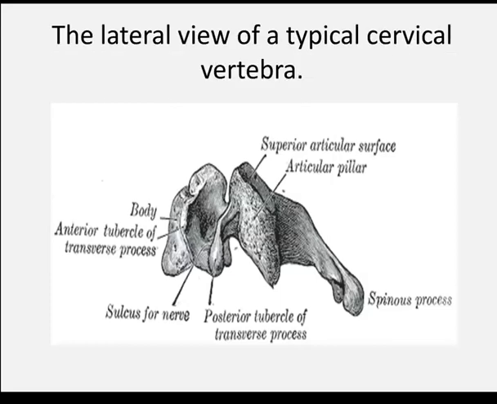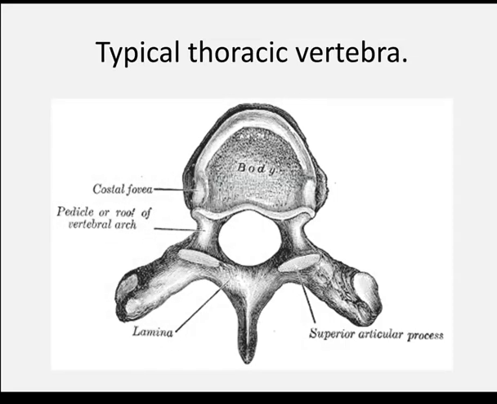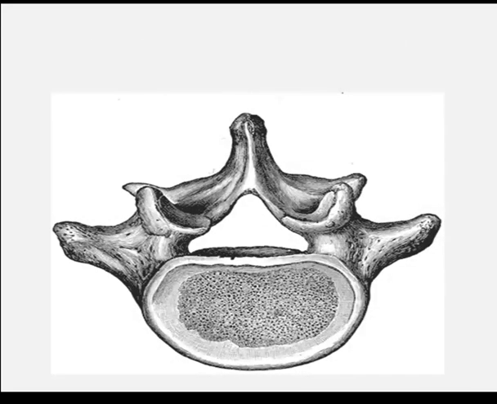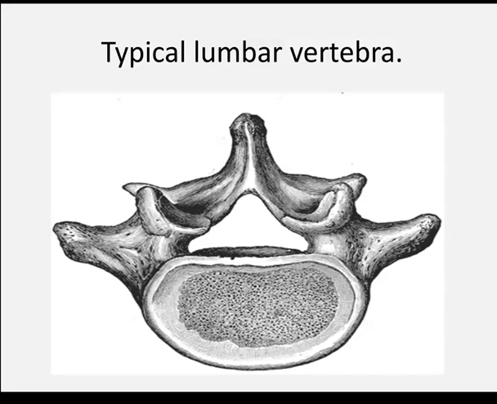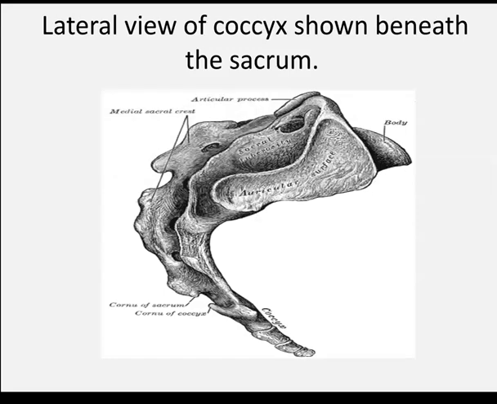So let's see the typical cervical vertebra, of which we have seen the lateral view. Then this is the typical thoracic vertebra, typical lumbar vertebra, and this is the lateral view of coccyx shown beneath the sacrum.